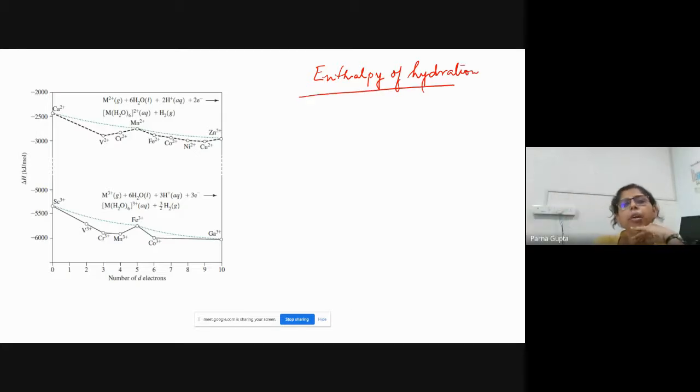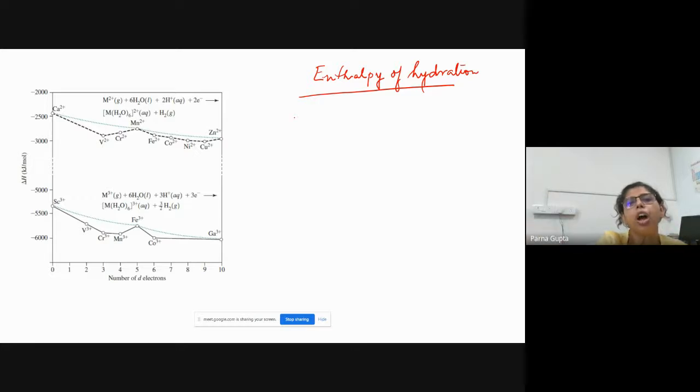They have plotted this del H for the +2 and +3 states.